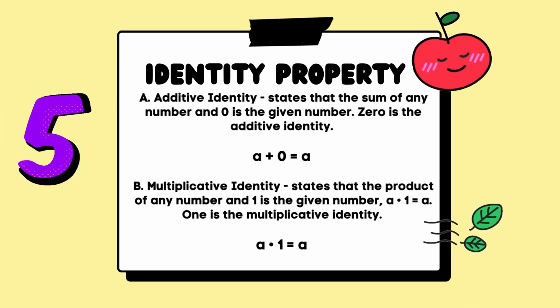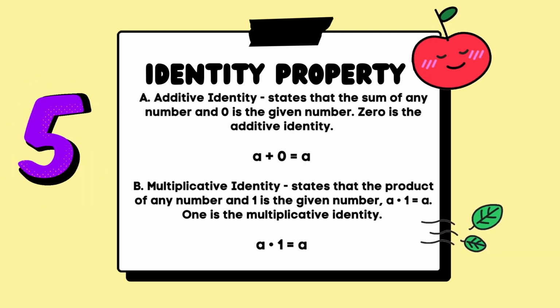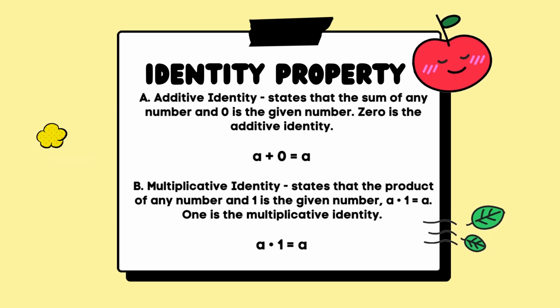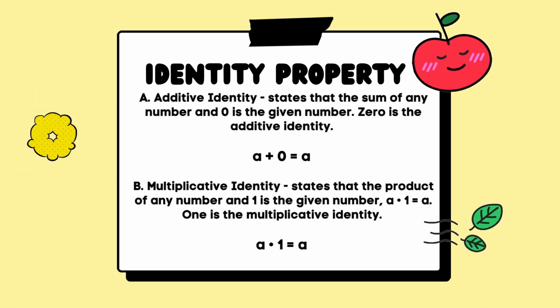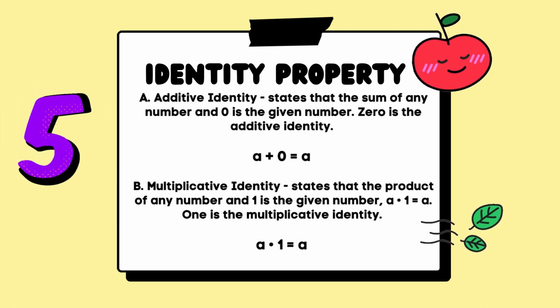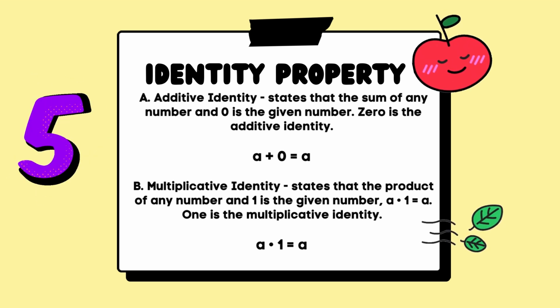So identity property is actually two: additive identity and multiplicative identity. Additive identity states that the sum of any number and zero is the given number. So 0 is the additive identity. And multiplicative identity states that the product of any number and 1 is the given number.